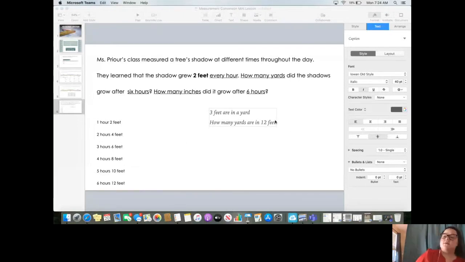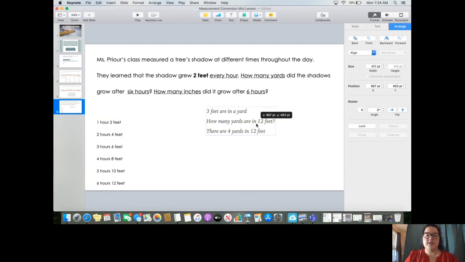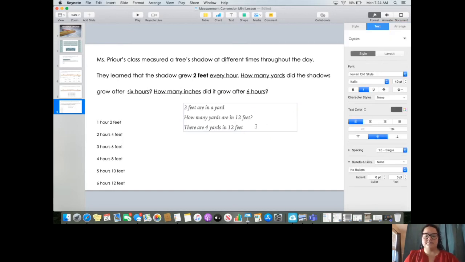Let's go back to our page. How many yards are in 12 feet? There are 4 yards in 12 feet. Our next question is, how many inches did it grow after 6 hours? We had 12 feet at the end of 6 hours.